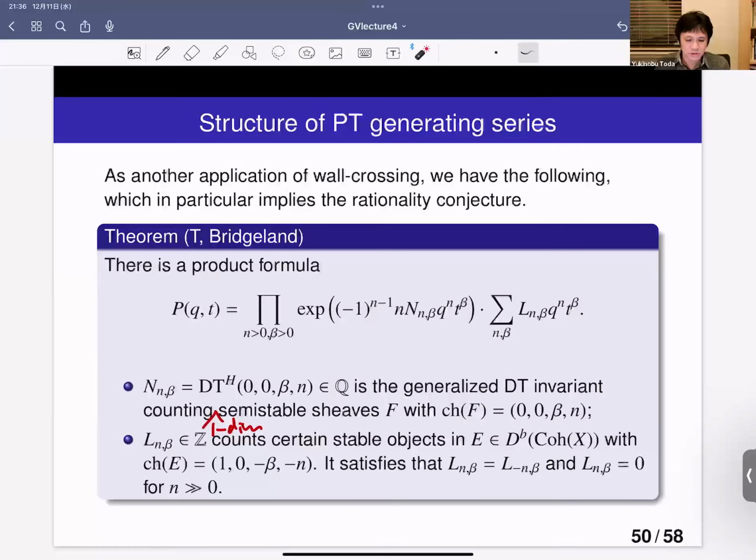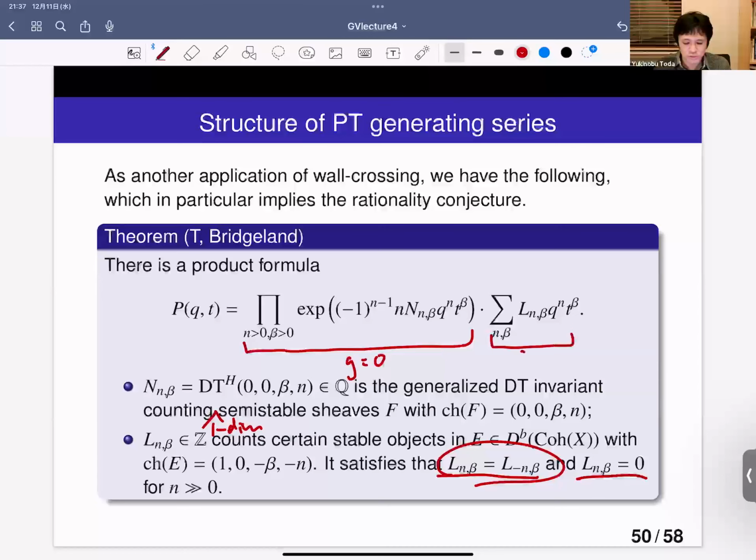So this satisfies these symmetric properties. And in fact, this is also zero when n is sufficiently big. In fact, this is closely related to the Gopakumar-Vafa formula. I'll explain later that this one corresponds to the genus zero part, and this one corresponds to the higher genus part.